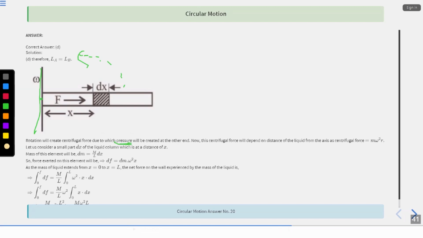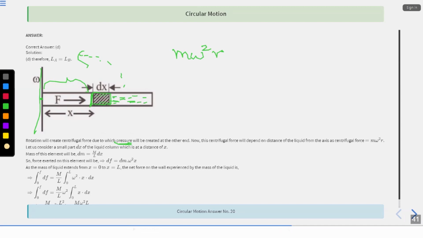Now the centrifugal force will depend on the distance of the liquid from the axis, as centrifugal force is equal to m omega square r. So let's just say this is where the liquid is. It depends on the distance from this axis, and that is being taken as m omega square r. Let us consider a small part dx of the liquid column. Everything over here is liquid.